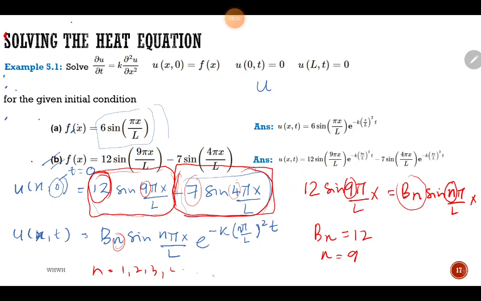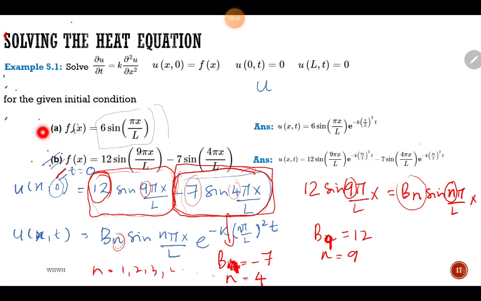Whereas for the second one, our bn is equal to, you can say 7 or minus 7, and our n is equal to 4, right. So this is b4, because n is equal to 4, and this one is b9, where b9 is equal to 12 and n is equal to 9.